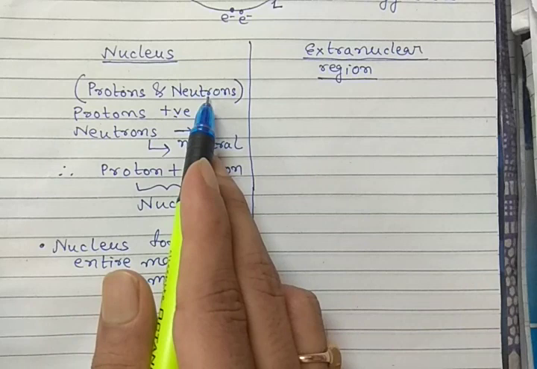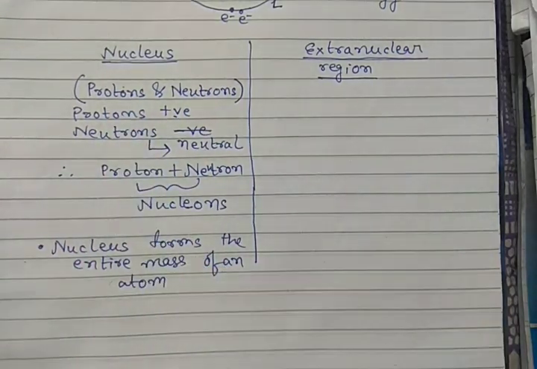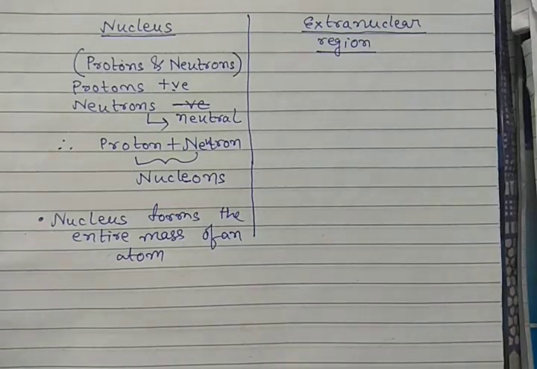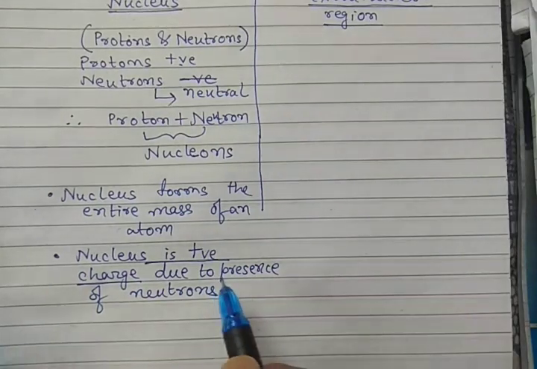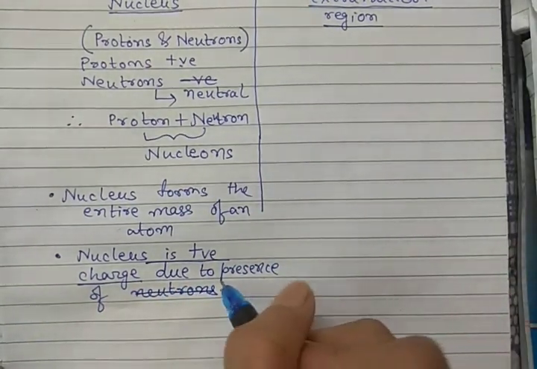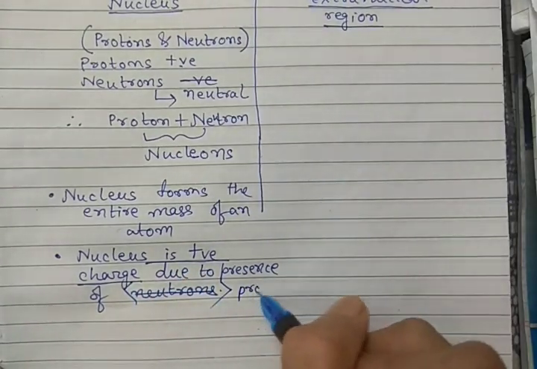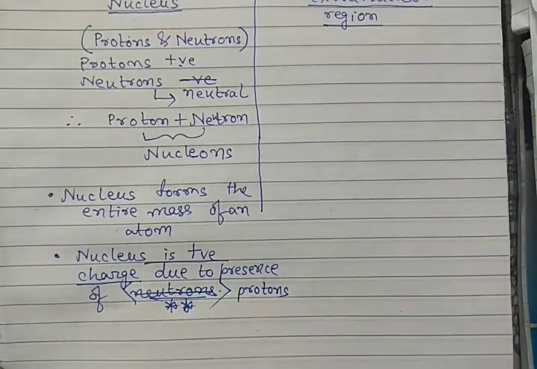Neutrons are the heaviest particle, protons are lighter than neutrons, and electrons have almost negligible mass, okay? And moreover the nucleus is positively charged, because of the presence of protons. Clear? Always remember neutrons are neutral.